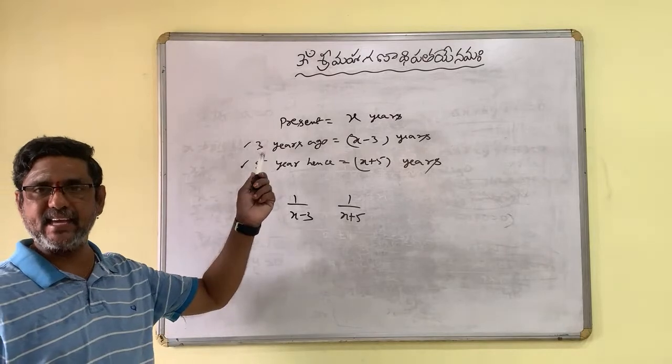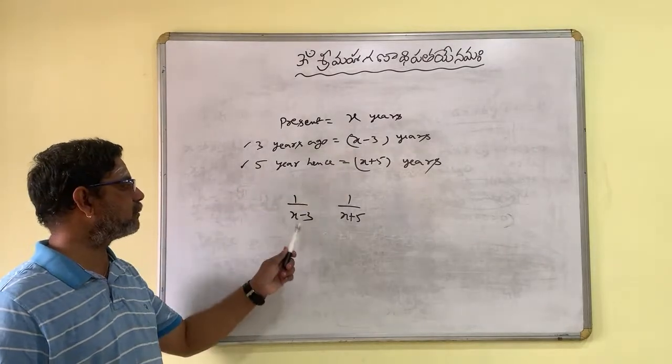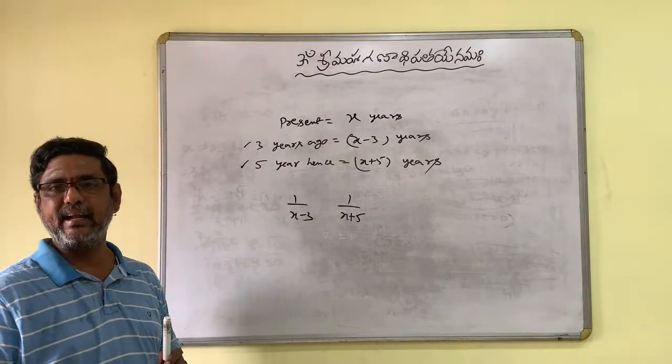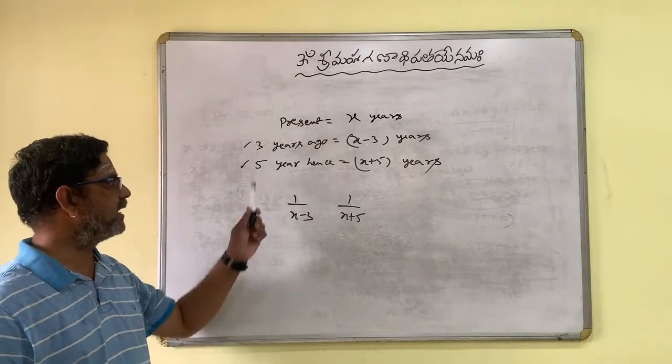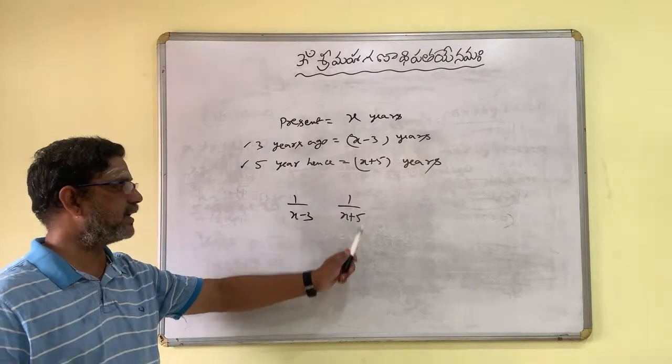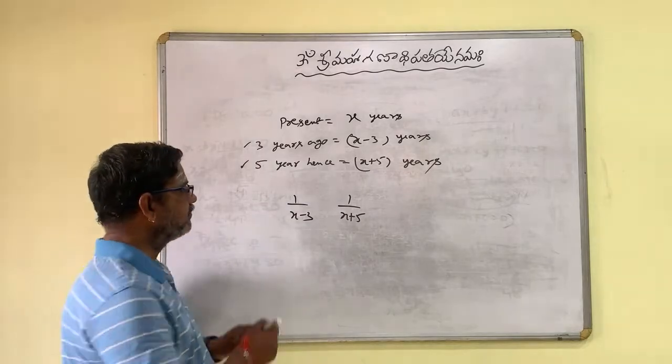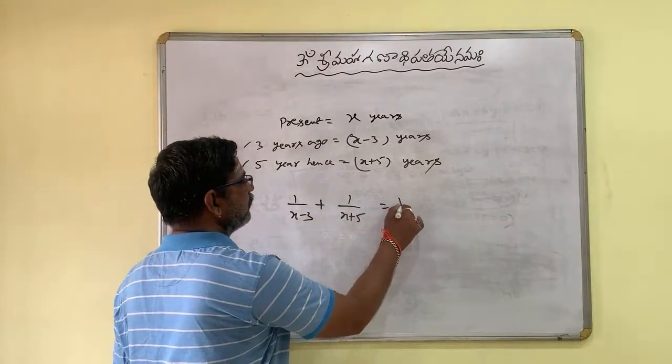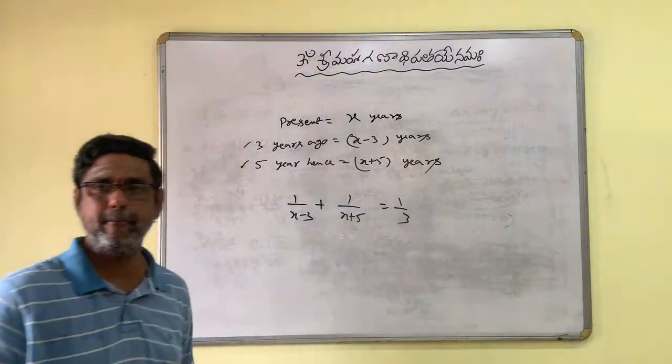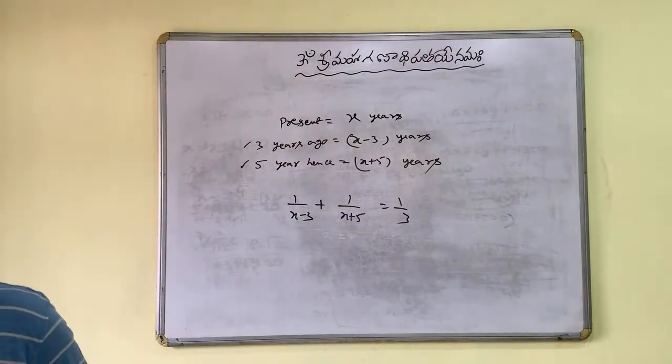Reciprocal of my age 3 years ago is 1 by x minus 3. Reciprocal of my age 5 years after is 1 by x plus 5. And if I add these two, I will get 1 by 3. This is the question.